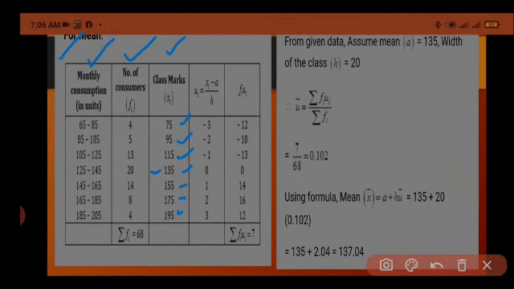So ui is equal to (xi minus a) divided by h, and h you already know, it is upper limit minus lower limit, that is 20.